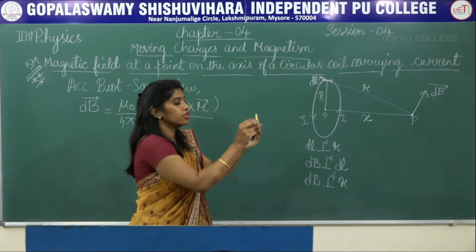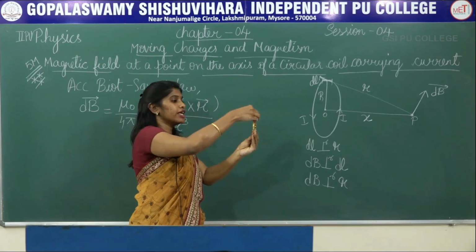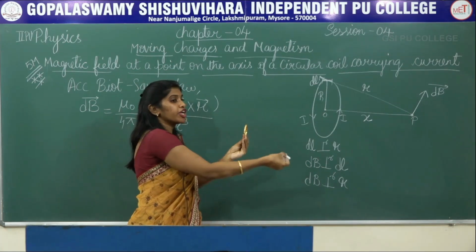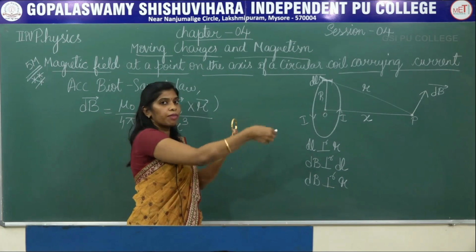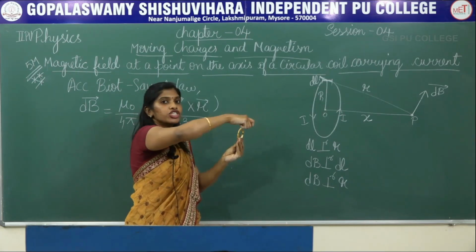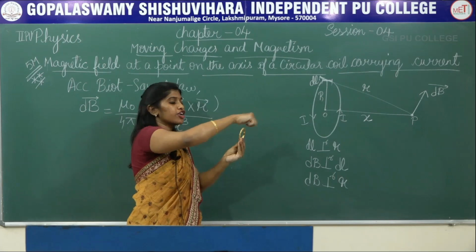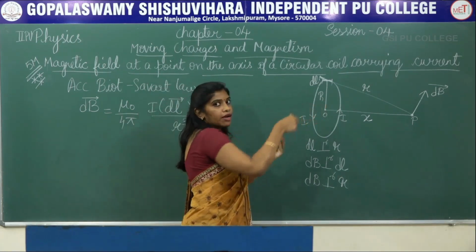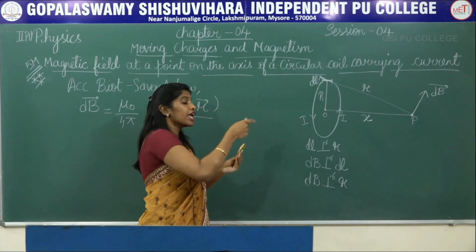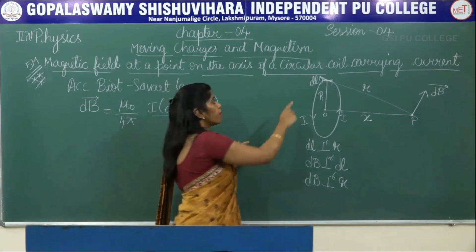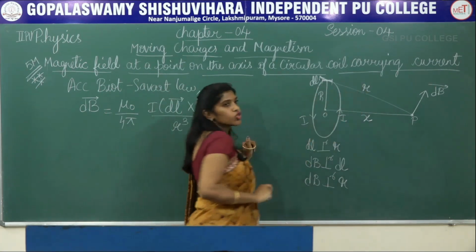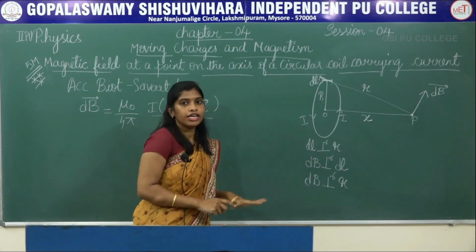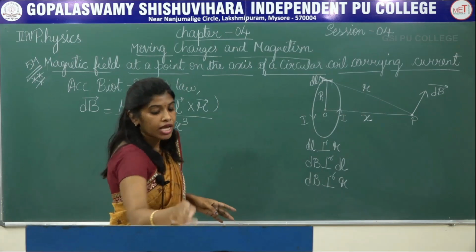This is the circular coil. dl is tangential to this surface, and r is just perpendicular to that plane. So they both are perpendicular. Now if I use the right hand curl rule, I can see my thumb indicates inwards. That means the magnetic field is acting inwards and it is perpendicular to dl and also r. So that is how I am going to look at the direction of the magnetic field.